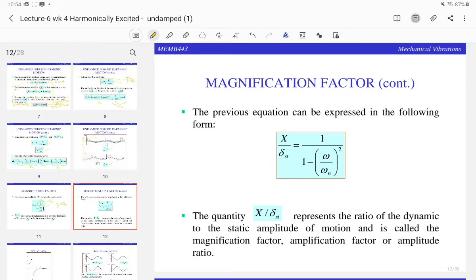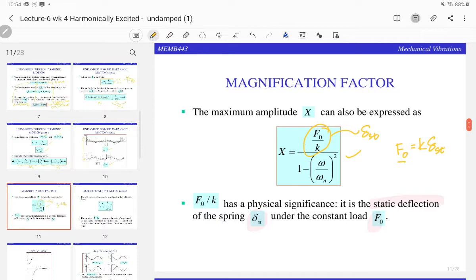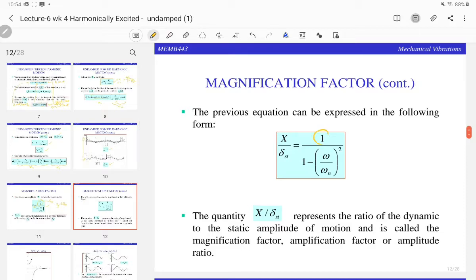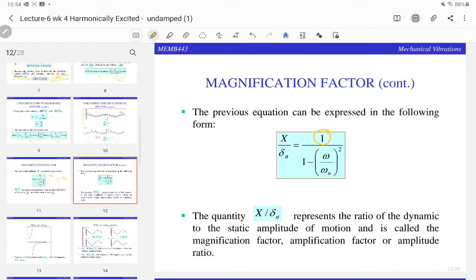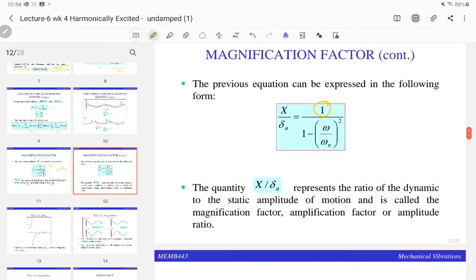The previous equation can also be expressed in terms of this, where the difference is you bring the static deflection to the other side of the equation, so that's why you are left with 1. This is another parameter that we call the ratio of the dynamic to the static amplitude of motion. Sometimes we call it magnification factor, amplification factor, or amplitude ratio. So make sure you know what that means, and take note of this equation.